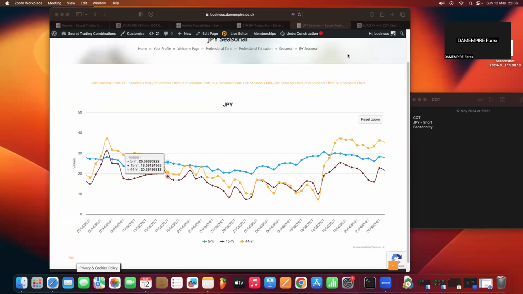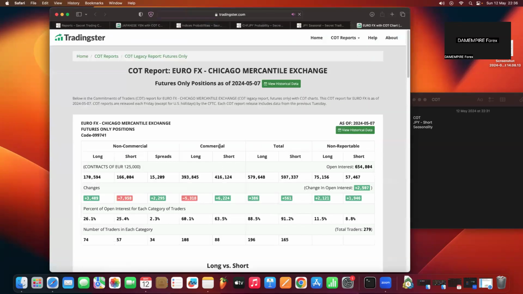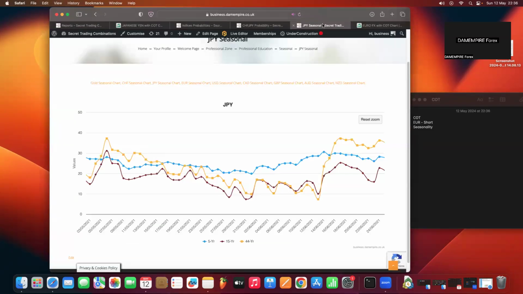Yeah, it cut out again. So we're looking at the euro now. If we look at the euro, we see that the euro is short, so we can just switch this to euro. Now let's go look at the seasonality of the euro. What is the seasonality of the euro saying?